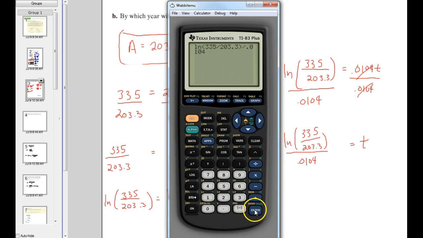All right, so I plug that into my calculator, hit enter. It gives me 48.0203. I add that to the original fact that this is from 1970, so I add that to 1970, and I get 2018 and some change. So 2018 has passed, and we're a little bit beyond that.